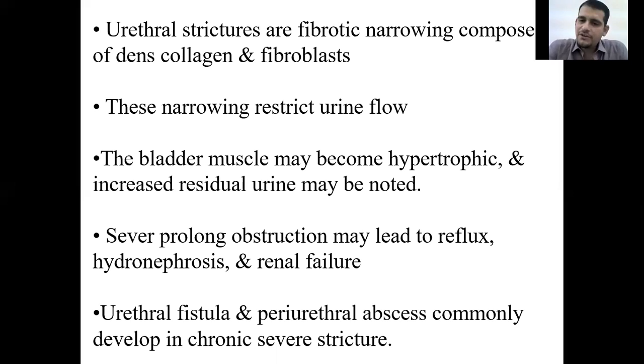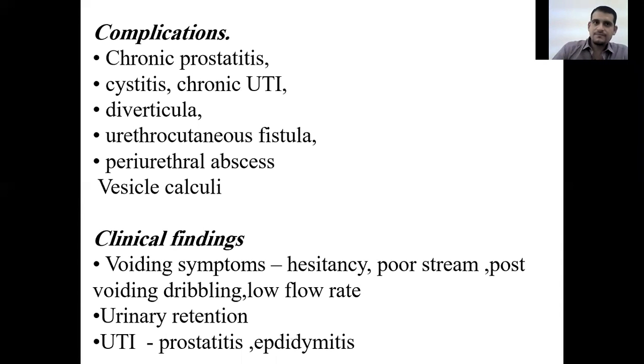Urethral fistula and periurethral abscess commonly develop in chronic severe stricture. Complications: chronic prostatitis, cystitis, chronic UTI, diverticula, urethrocutaneous fistula, periurethral abscess, and vesical calculi.